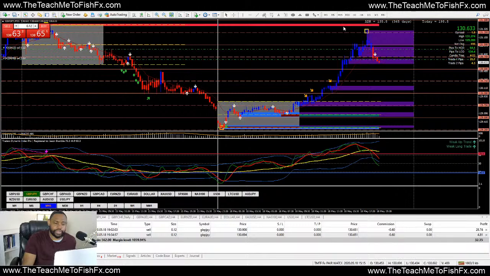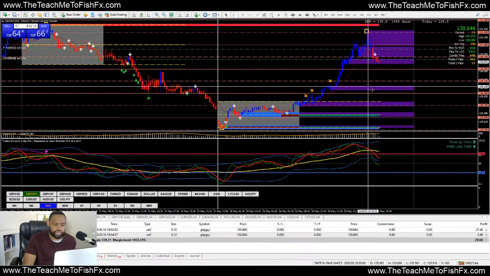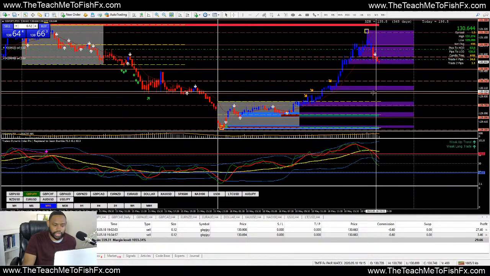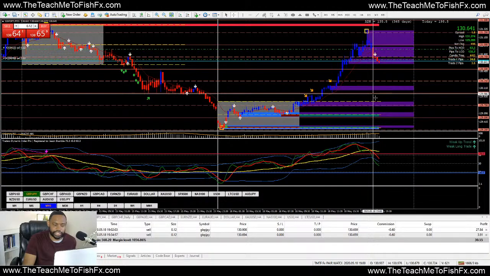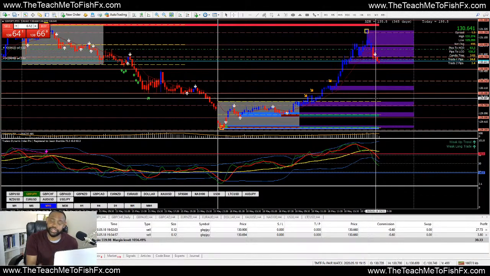So now, going up to the 15-minute, I have my exhaustion square, I have my directional arrow, and a color changed candle that placed my green line below my red and yellow on the TDI. Now, I know that these are EMAs on the TDI.